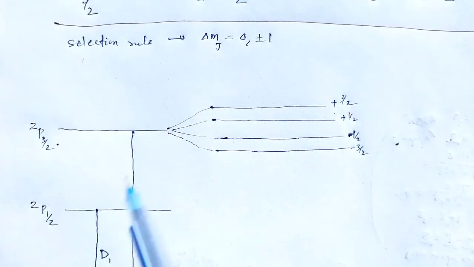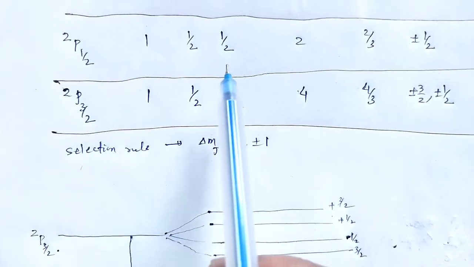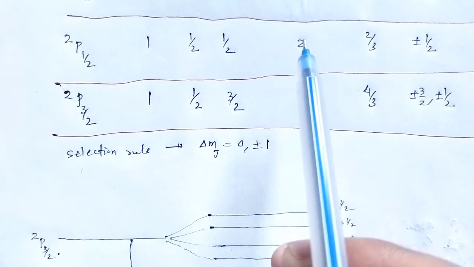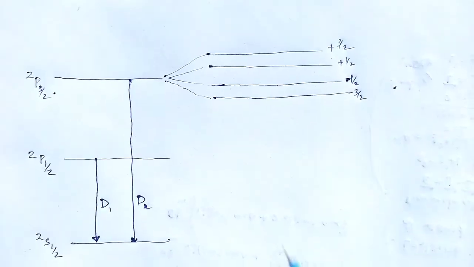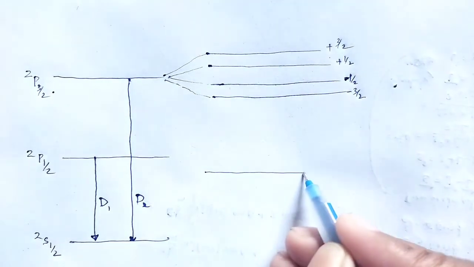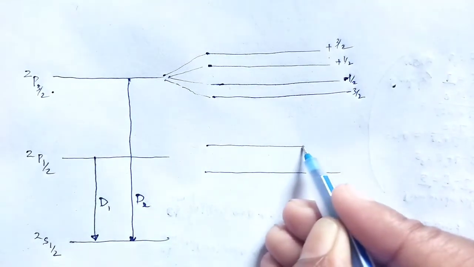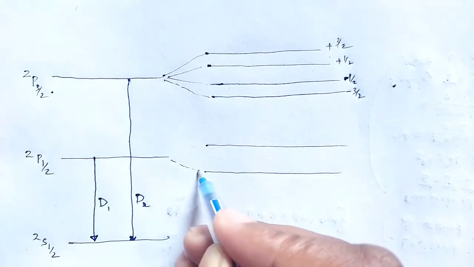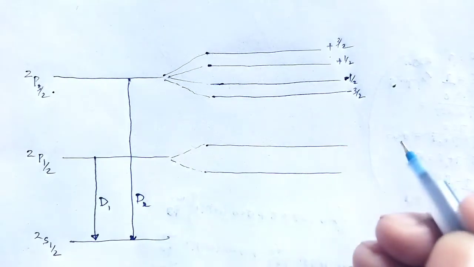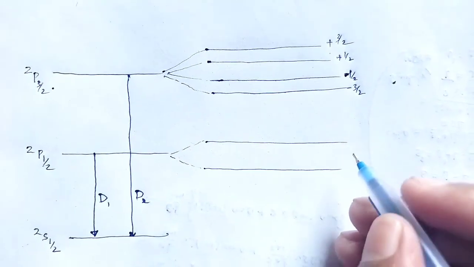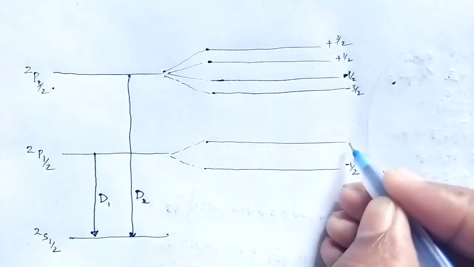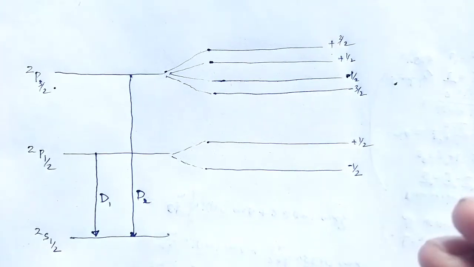Then for 2p 1/2, there are 2 splittings, one is minus half and another one is plus half.